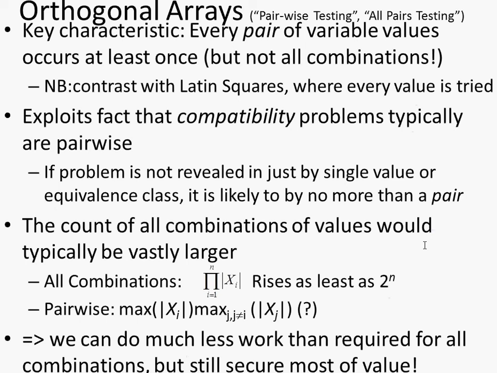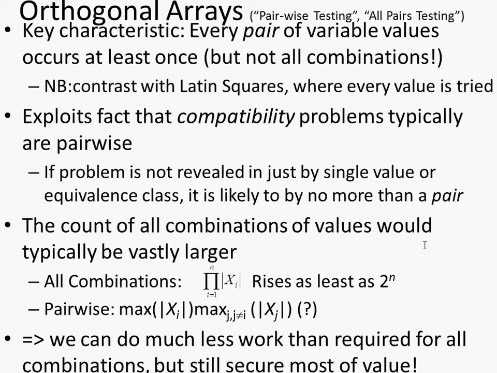So pairwise scales, instead of as c to the n, it's actually the maximum number of possible values of one parameter times the maximum number of another. So if all parameters have 10 possible values, it scales as 10 squared. So it's proportional to 100.